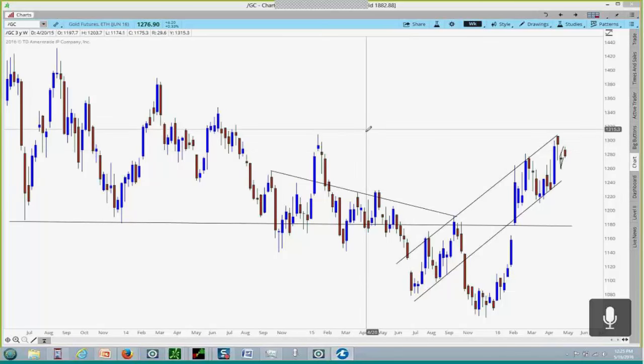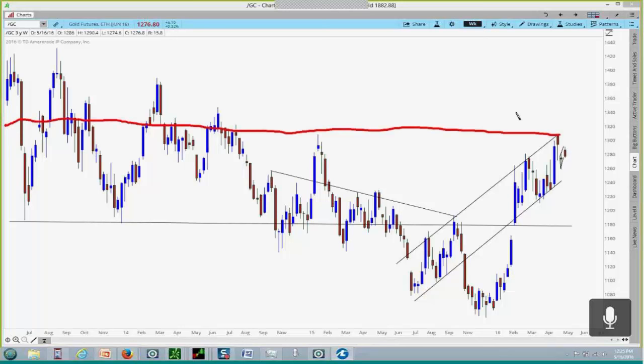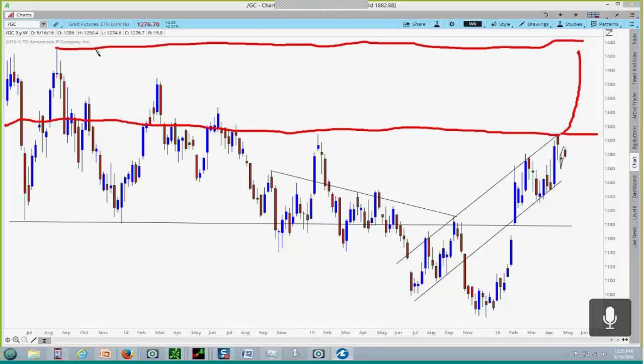So, looking at the weekly chart, you can easily see that this level right here, right where we got to right here, is a support resistance level with congestion. So again, if we can break above this level here, there's a really good chance we're heading from the current price of $1276.70.